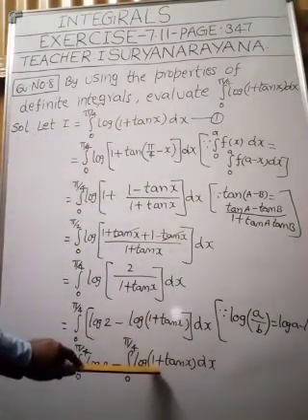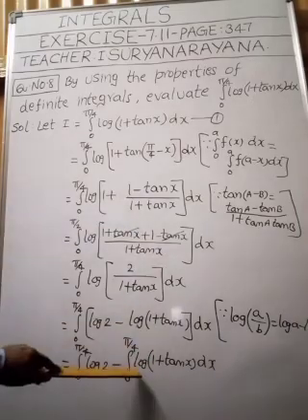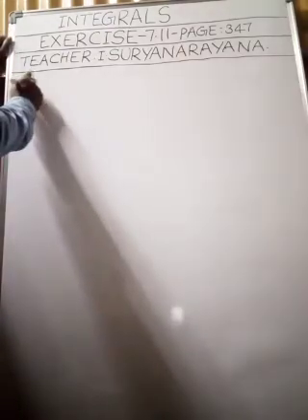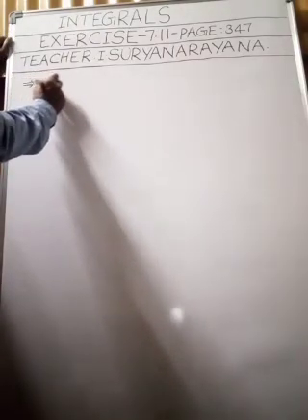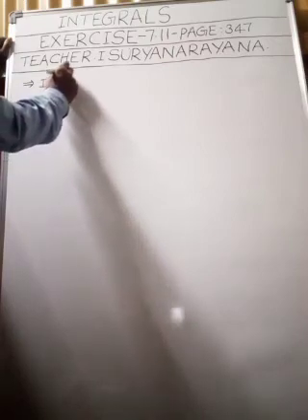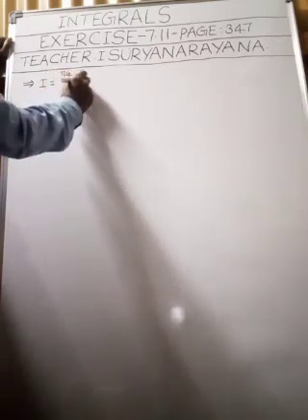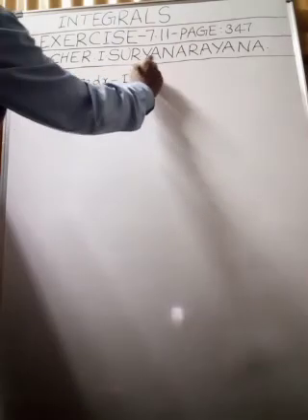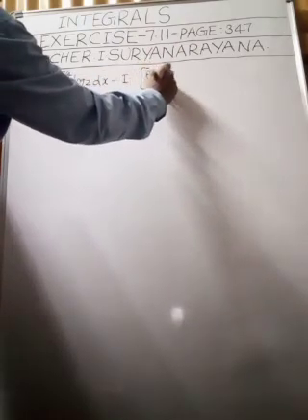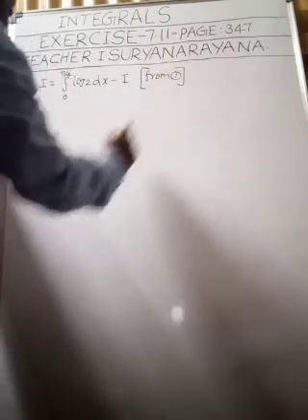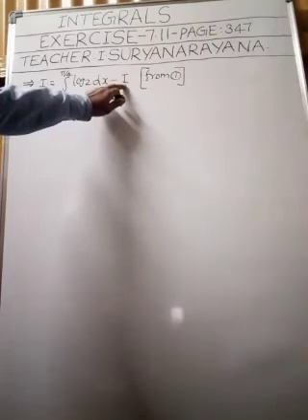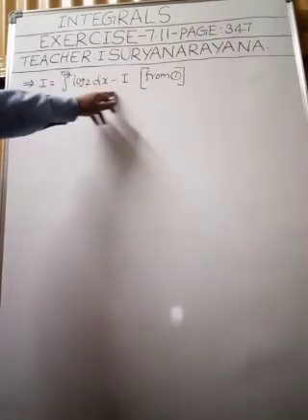Means it is nothing but I. Okay, my children? Understood? Right. This implies I is equal to integral 0 to pi by 4 log 2 dx minus I from the equation 1, because integral 0 to pi by 4 log of 1 plus tan x dx value is I. So we wrote this step.